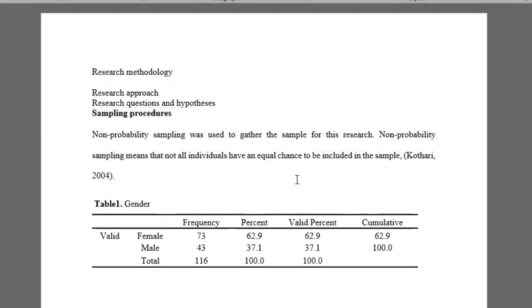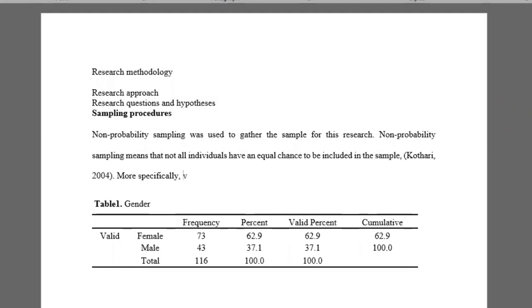And then non-probability sampling, more specifically, I used voluntary sampling. What does it mean? It means that the respondents have the chance to volunteer to answer the questionnaires. They are not obliged to do it, and they are not randomly selected.